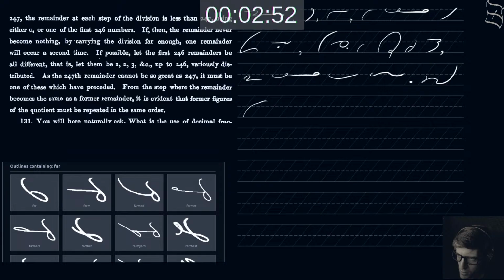If possible, let the first 246 remainders be all different.